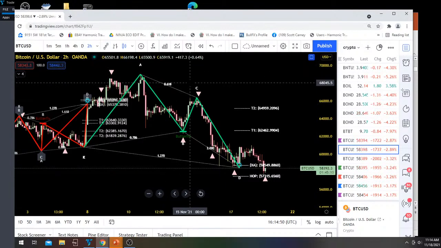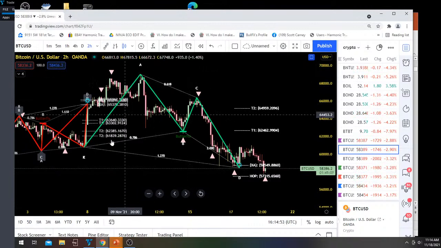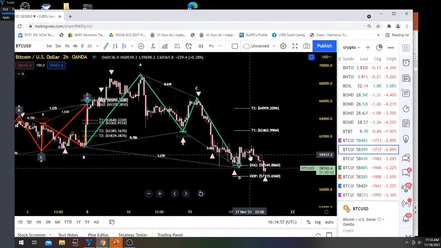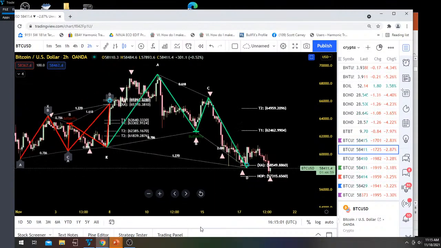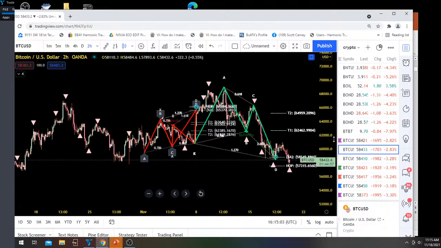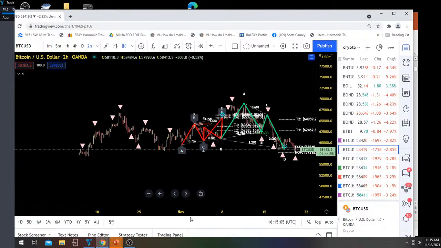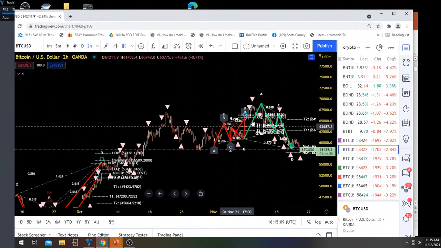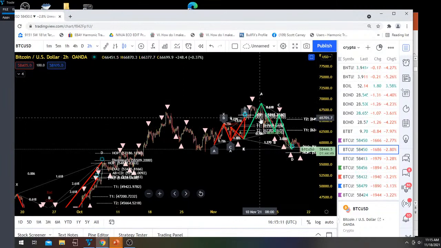This right now with the pattern, not only the butterfly, but this ABCD structure is critical right off the top. What you're looking for is a continuation. Essentially, is this a topping or is it a sideways consolidation at a high level that's getting ready to launch?